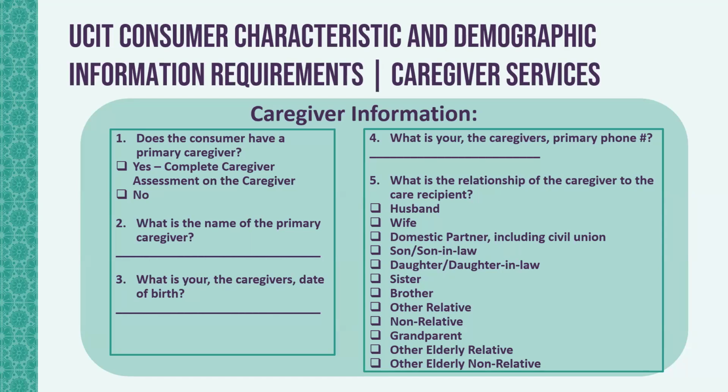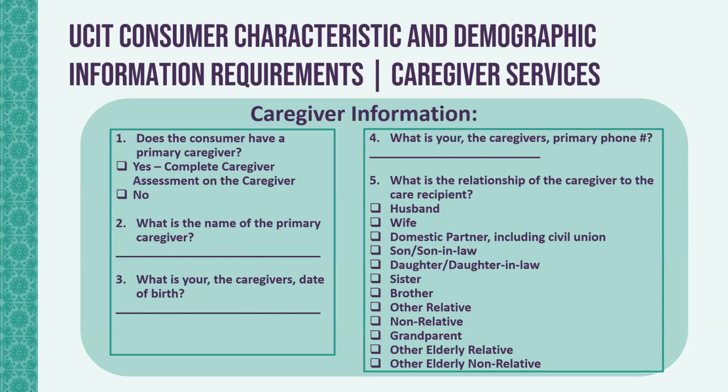Okay. All right, friends, we are now looking at the caregiver information that needs to be collected on all caregivers. As you can see here on this slide, does the consumer have a primary caregiver? Yes. So this is something that will need to be completed.